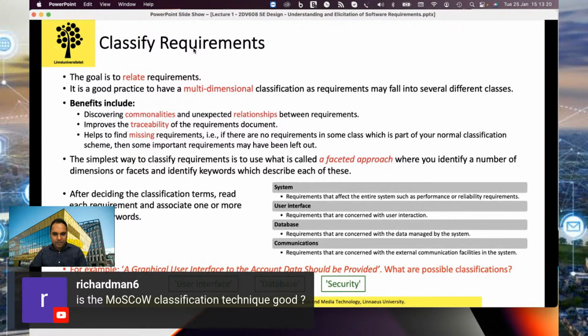This can be classified under the user interface group, under the database group, and under the security group. So you can basically find out more groups and then tag this requirement using each of those classification items.